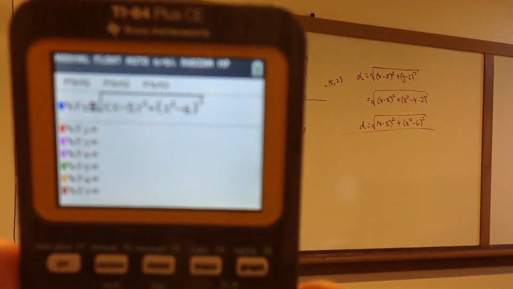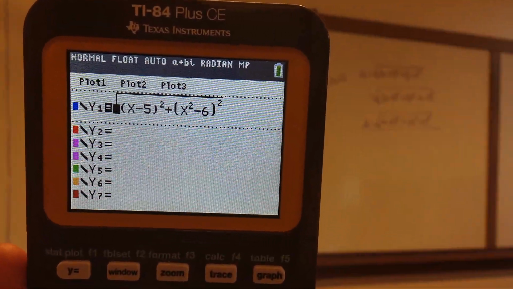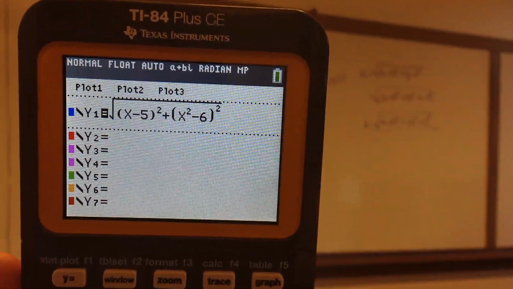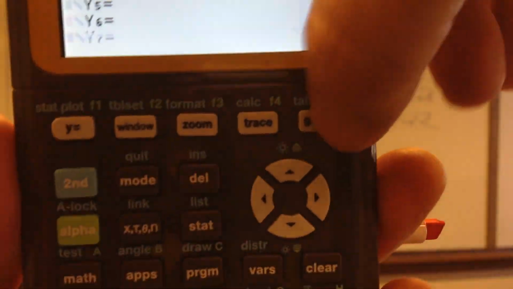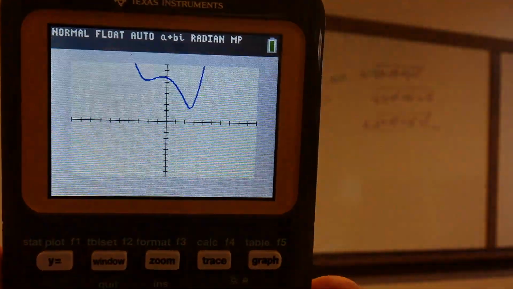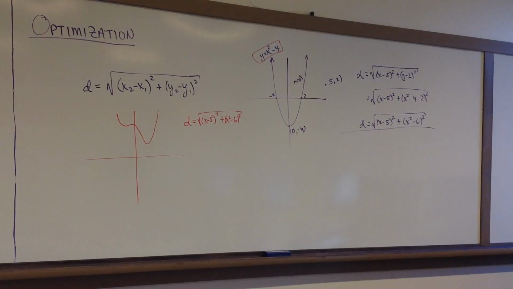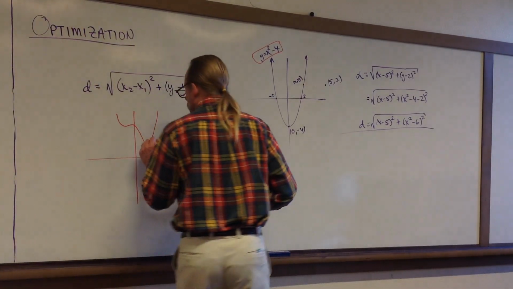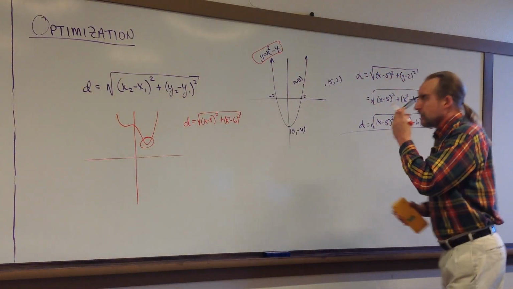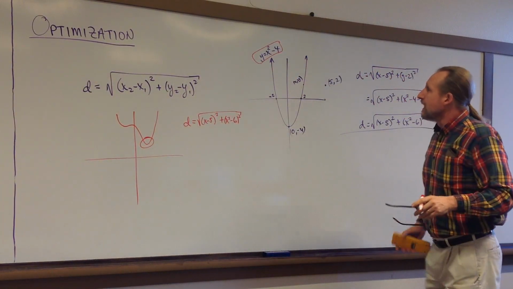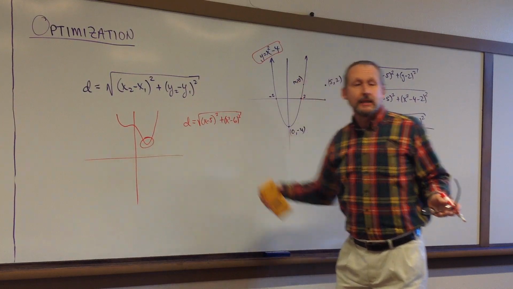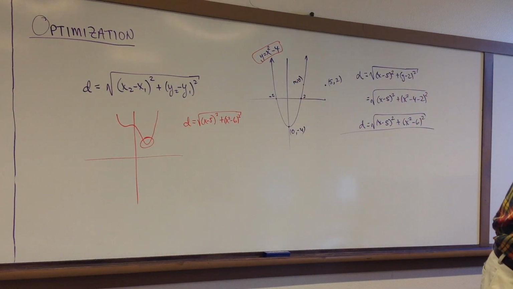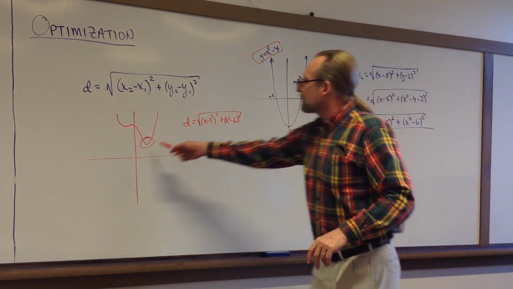There is what we entered, the square root of x minus 5 all squared plus x squared minus 6. And then we look at the graph, and there it is right there. It's that point at the bottom here. This point right here is the minimum value, right? Because if we're looking for the point that's closest to 5, 2, that's going to be where the distance is the least. So we need to find this point.